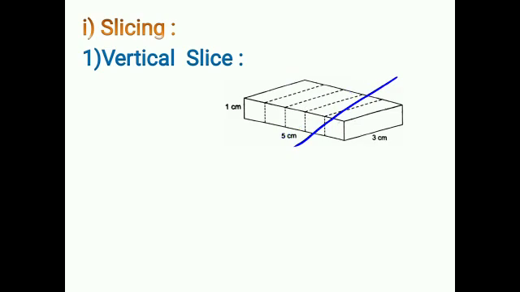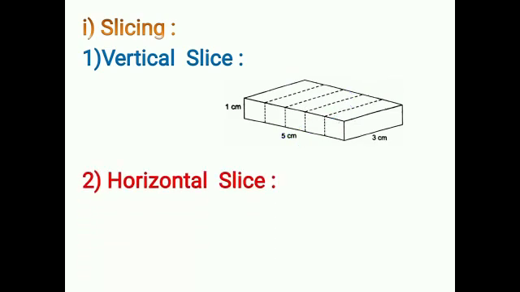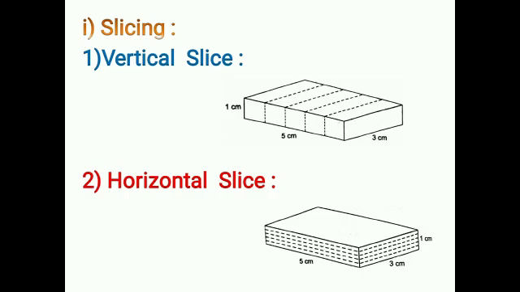Now the next type is horizontal slice. If we slice the cuboid horizontally parallel to the length, we again get a rectangular cross section of dimension 5 centimeter and 3 centimeter.